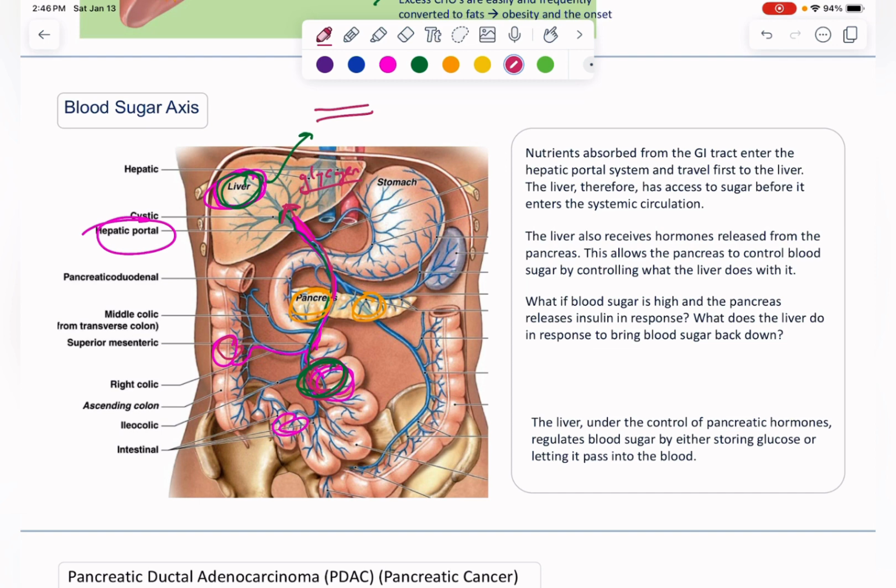If blood sugar levels are low, then the pancreas is going to release glucagon, and glucagon is going to go up into the blood, into the liver, and it's going to allow the liver to take that glucose and ship it into the blood, allow it to go into the systemic circulation to help raise blood sugar.